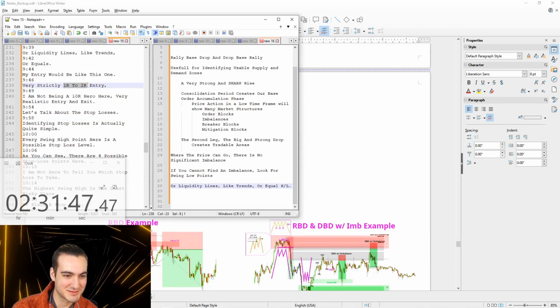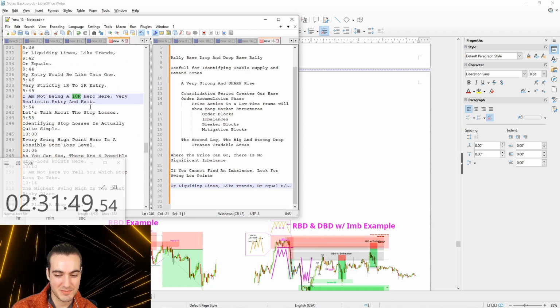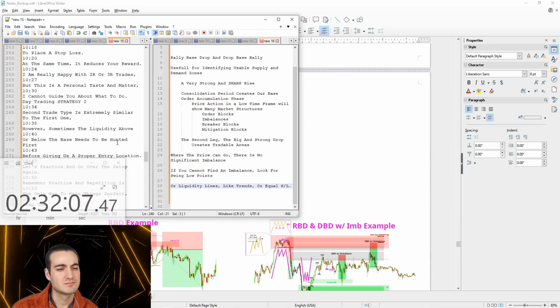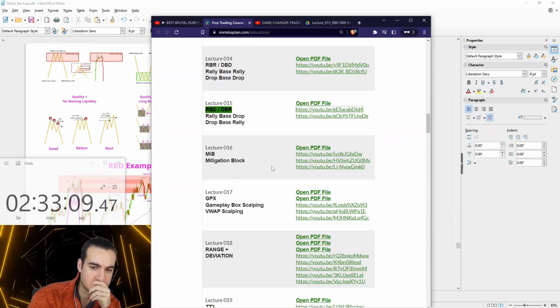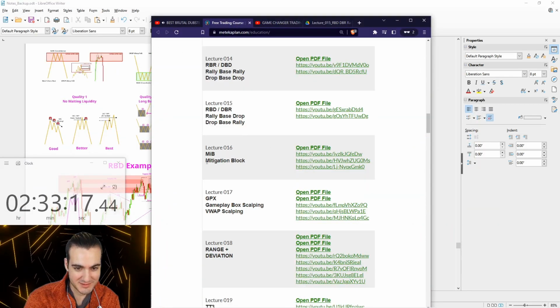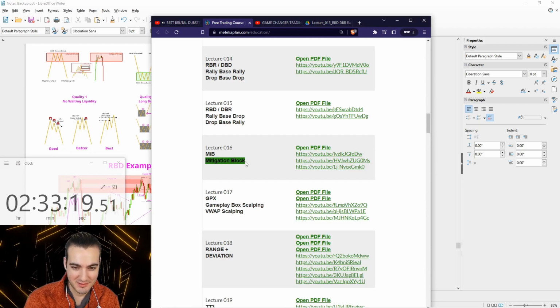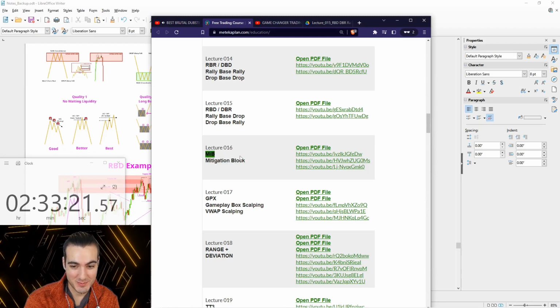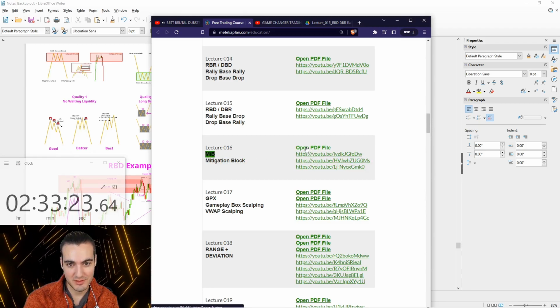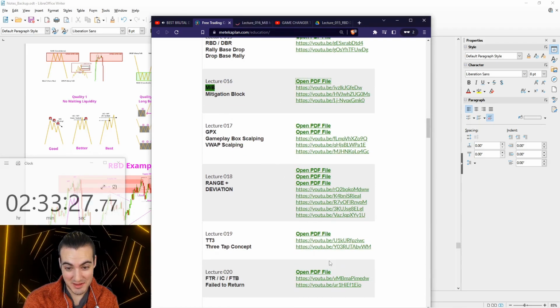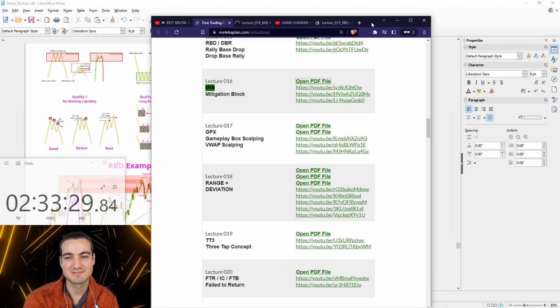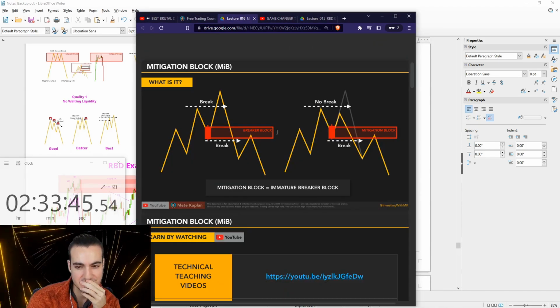Stick with the 1 to 2 R and don't go for the 10 R. Mitigation block. That sounds interesting. And I just want to point out that this is completely new to me. I've never seen any of this before.